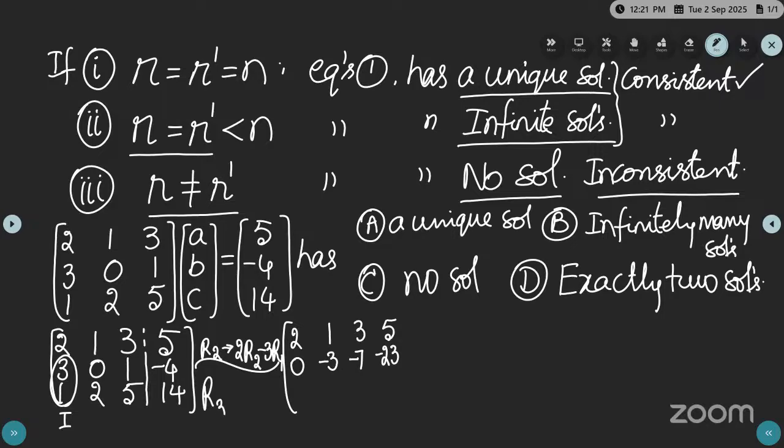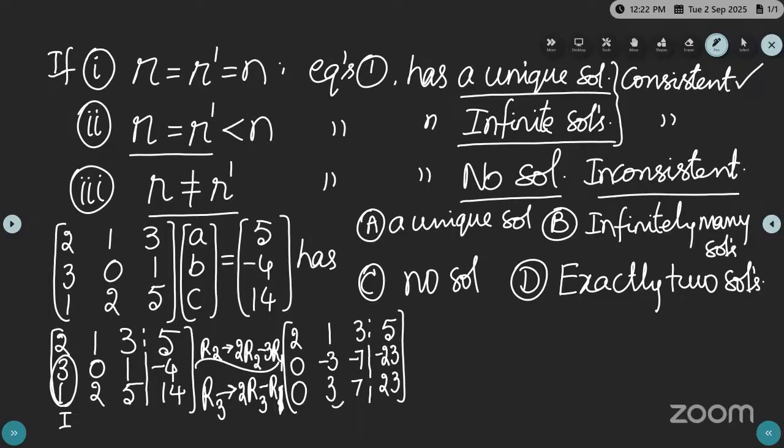Next, R3 implies 2R3 minus R1, not R2, R1. What is it? 0, 4 minus 1, next 10 minus 3, next 28 minus 5. So second and third seem to be equivalent.